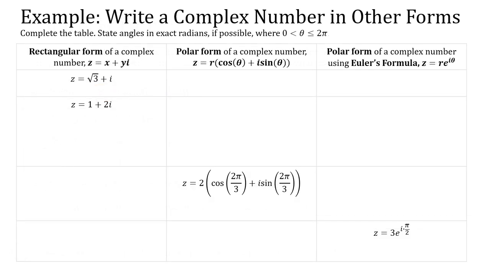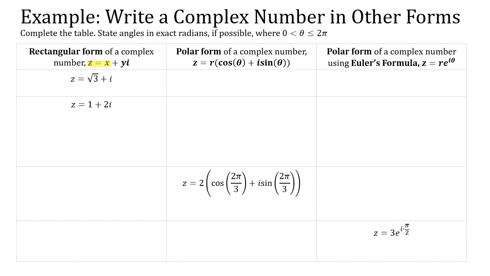Now let's look at an example that incorporates all of the different forms of a complex number that we've looked at so far. Complete this table and state the angles in exact radians if possible, where the angle is between 0 and 2 pi, including 2 pi, but not 0. All right, so in the first column, we see the rectangular form of a complex number listed as z equals x plus yi.